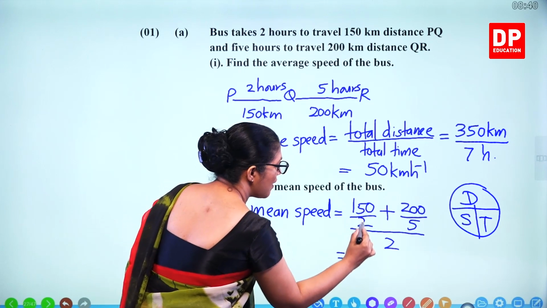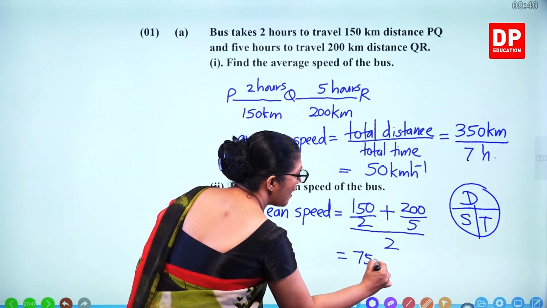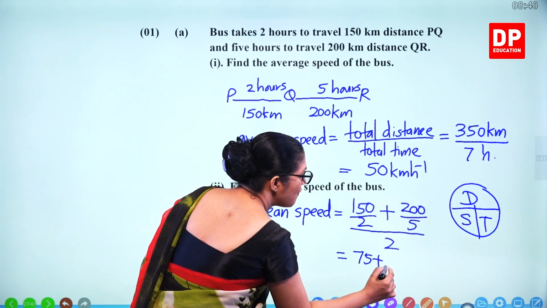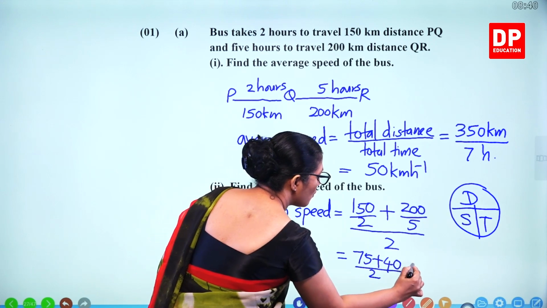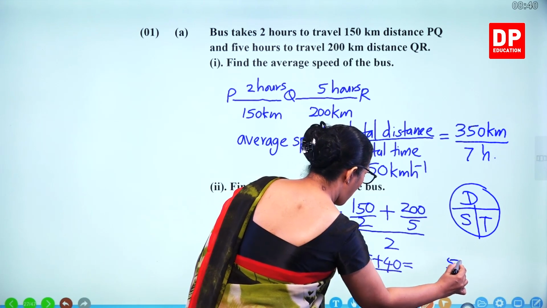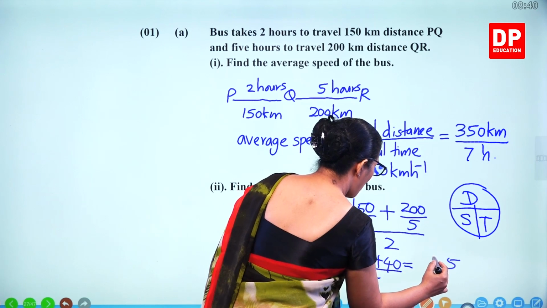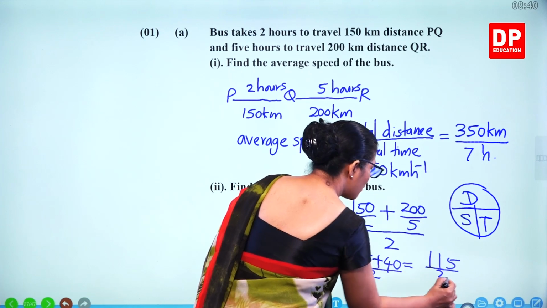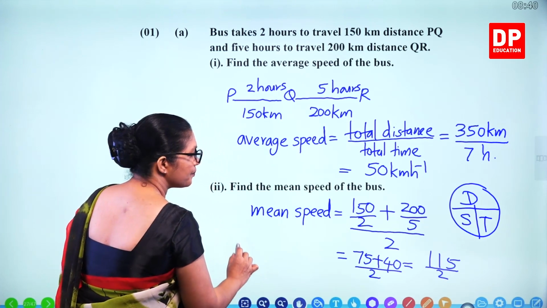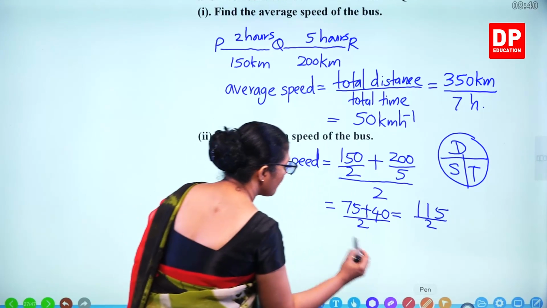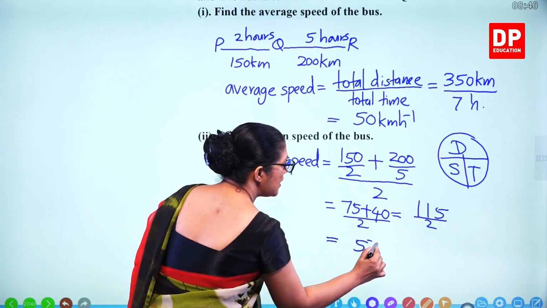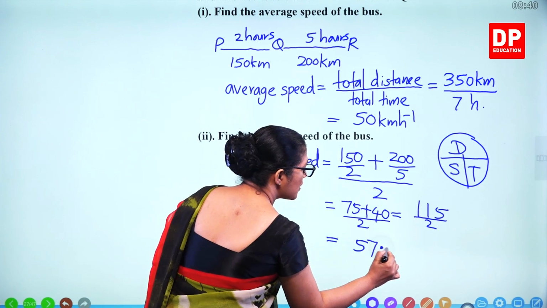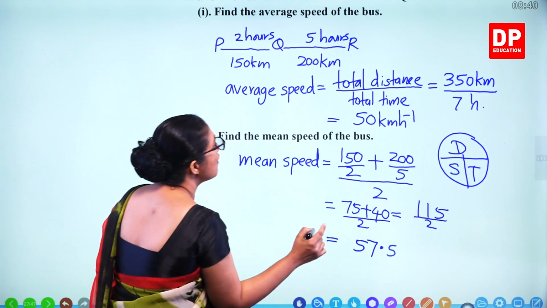So you get 150 divided by 2 is 75. 200 divided by 5 is 40. So add it, you get 115. Divide by 2. 2 times 5, 10, for 15, that's 7, and for 10, that's 5.